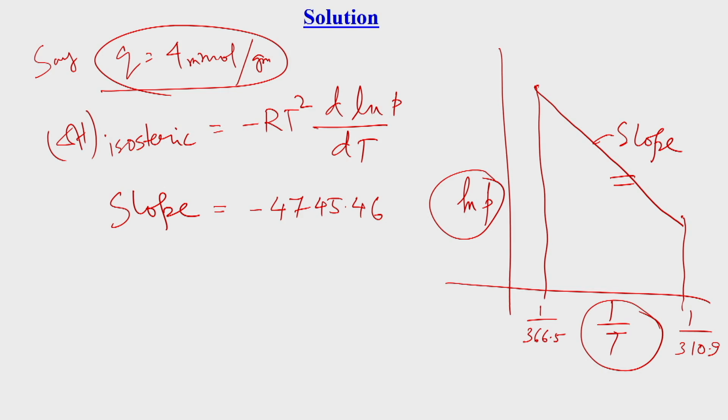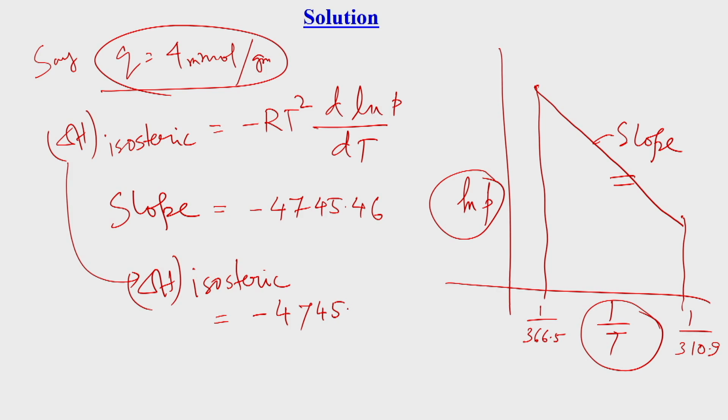So from the slope, delta H isosteric will be equal to minus 4745.46 into 1.987, in kilocalorie per gram mole.